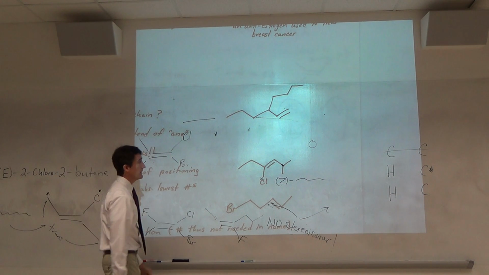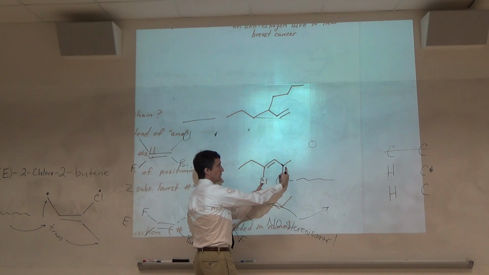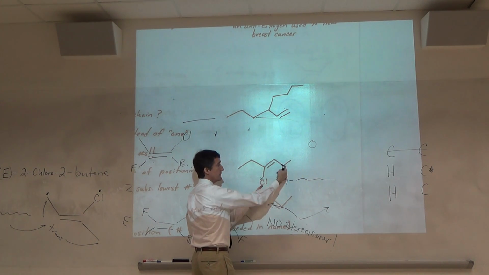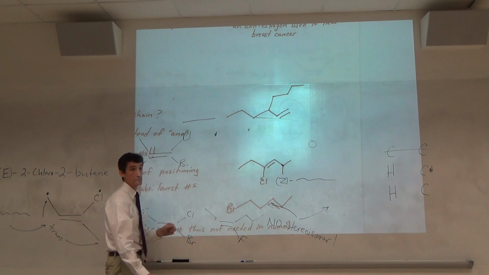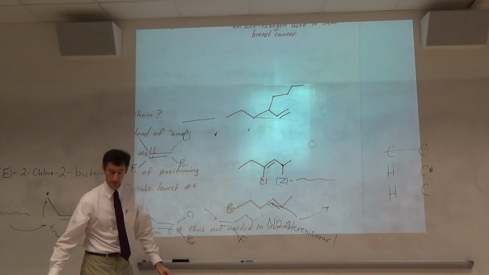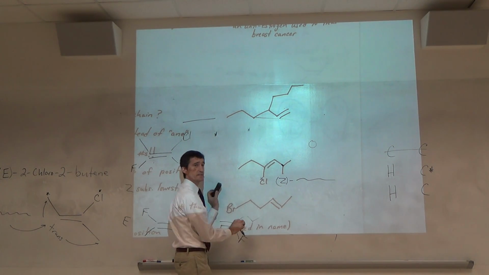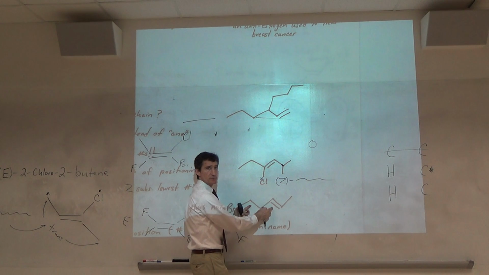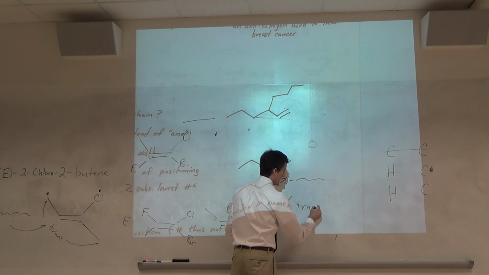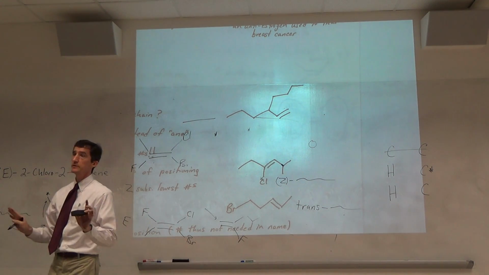How would you get E? Well, just switch one. The isopropyl and chlorine are cis here. In the E compound, they would be trans. Down below, E or Z? Well, actually, this doesn't need to be E or Z. When you only have two groups, you can just call that trans, because there's no ambiguity there.